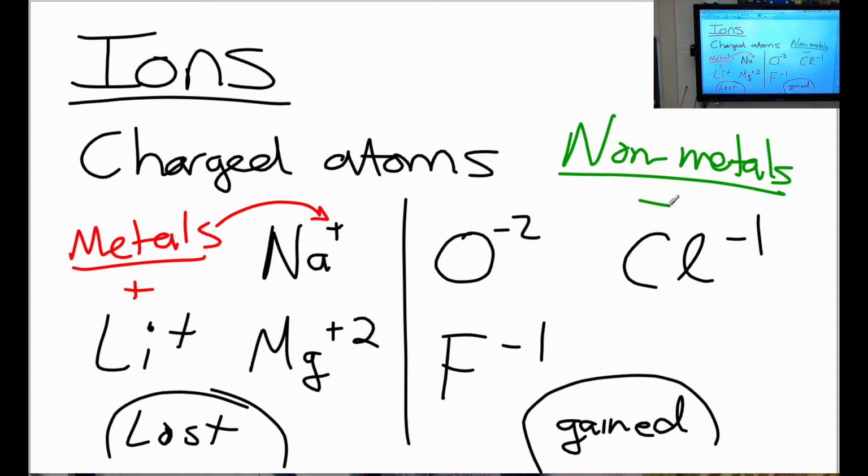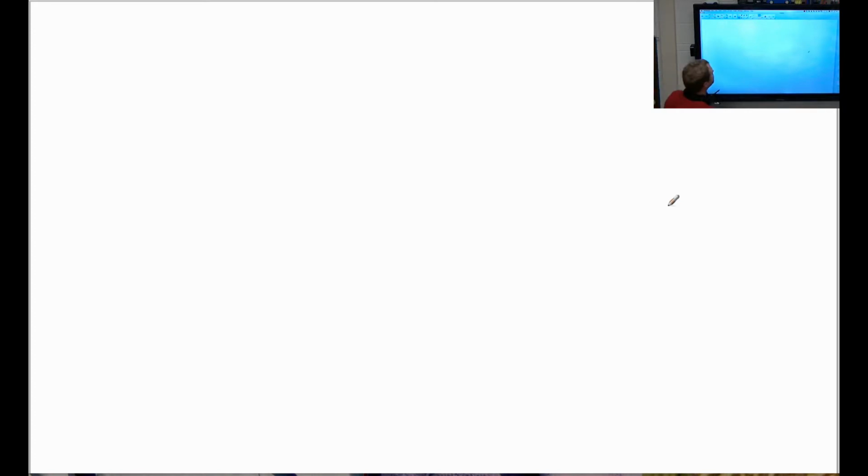Let's go ahead and look at this in more detail. All right. Let's take sodium chloride, classic table salt. Sodium is in the first column. It's an alkali metal, so it has 1 valence electron because it's in the first column of the periodic table.